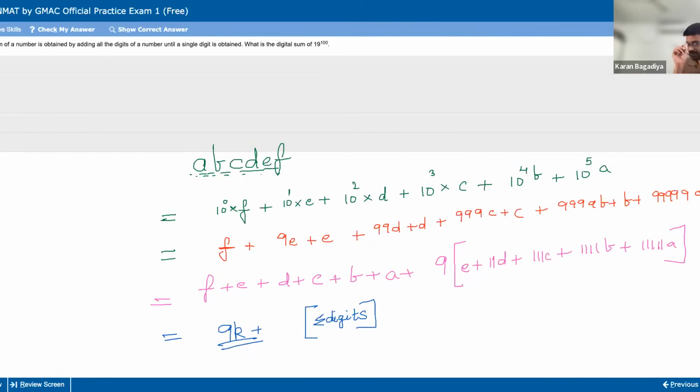So let's be clear. What have we done? The divisibility rule for 9. If the summation of digits is divisible by 9, then the whole number is divisible by 9. And now check.